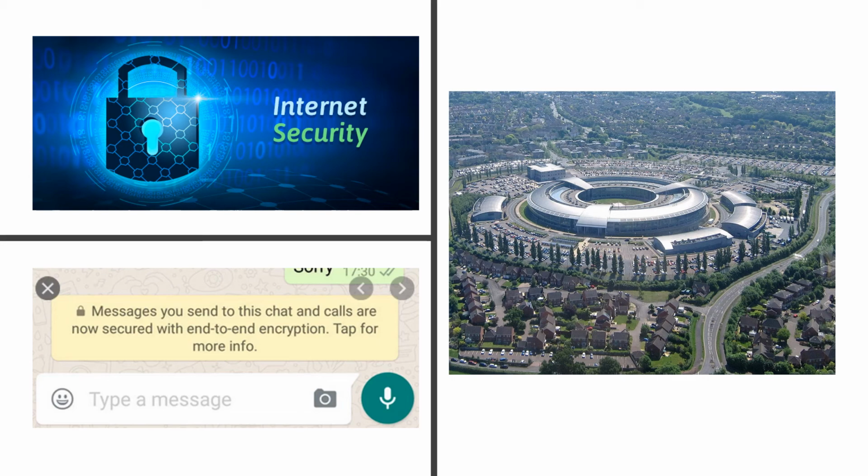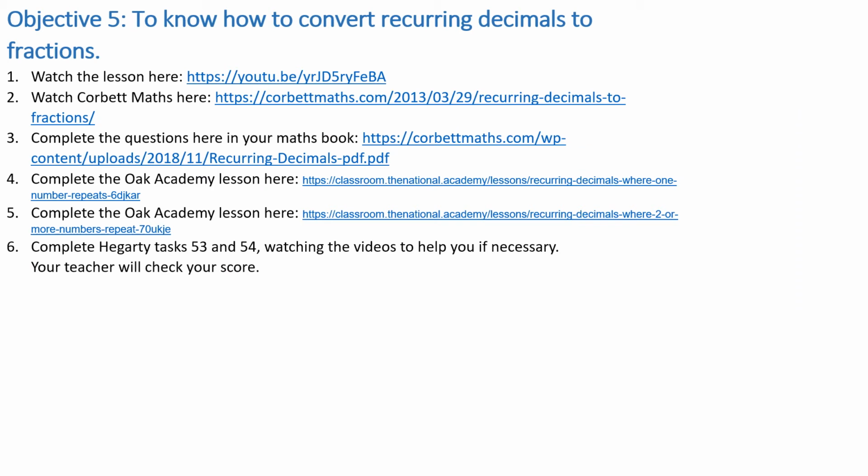So, what's next? Well, the next objective, objective 5, is all about how we convert recurring decimals to fractions. Previously, we'd gone from fractions to recurring decimals, and we've done that. But this time, we want to go from recurring decimals to fractions.